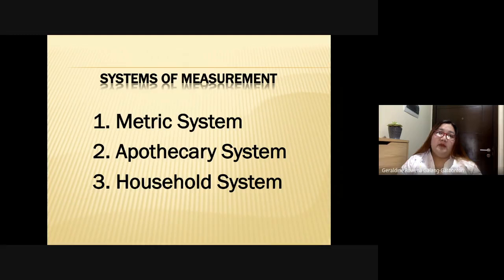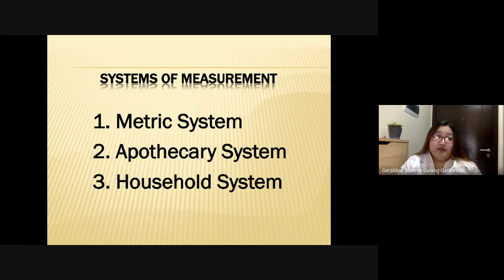Most of them are in small letters, but there are also capital letters. For example, kilo could be small k or capital K. Gram could be small g or capital G. Liter could be small l or capital L. Meter, small m or capital M.